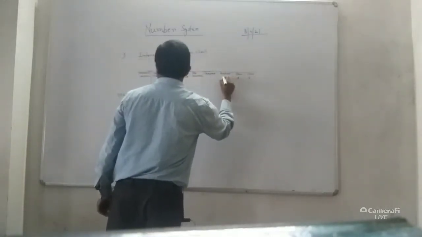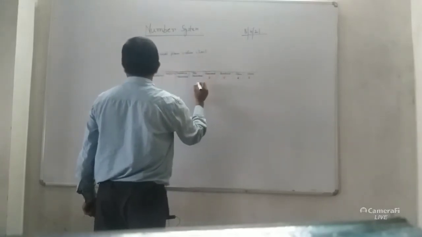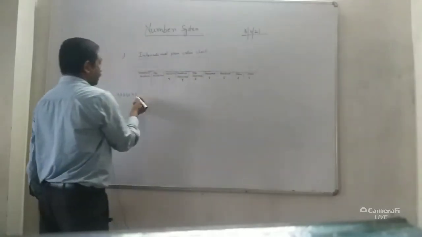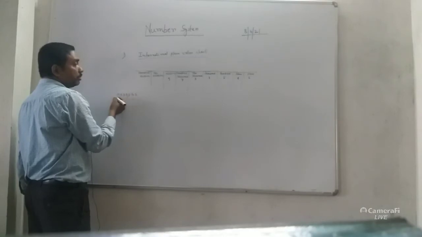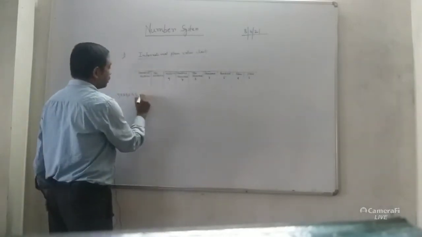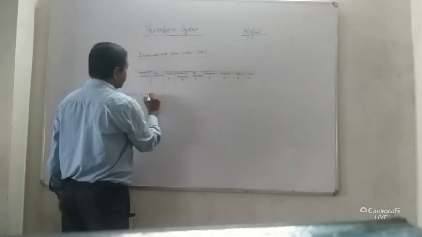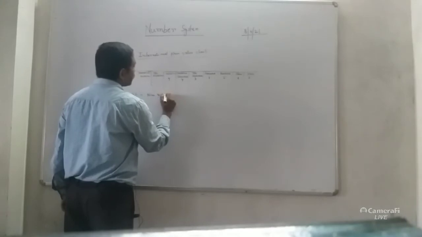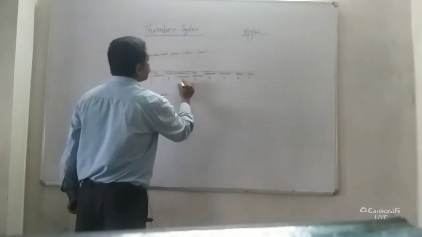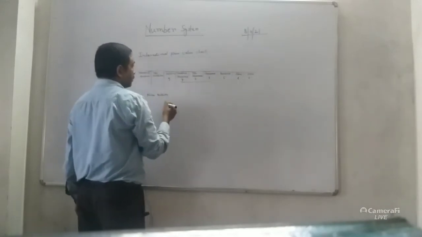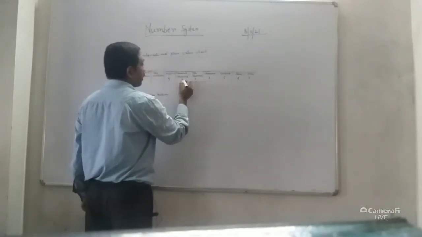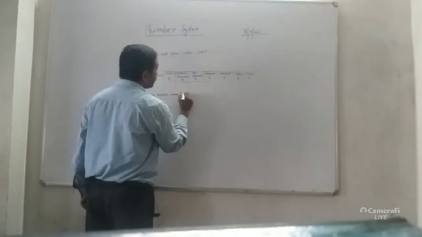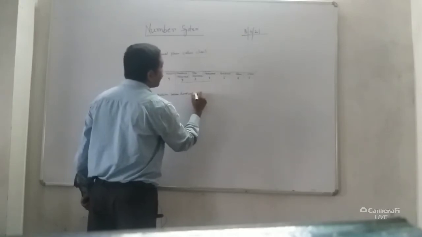Write all the digits which form the number. Look here: ones, tens, 100, 1,000, 10,000, 100,000, million. So how do you express it? 9 million, write 9 million, then 738,000. Look here, a different type of expression comes.